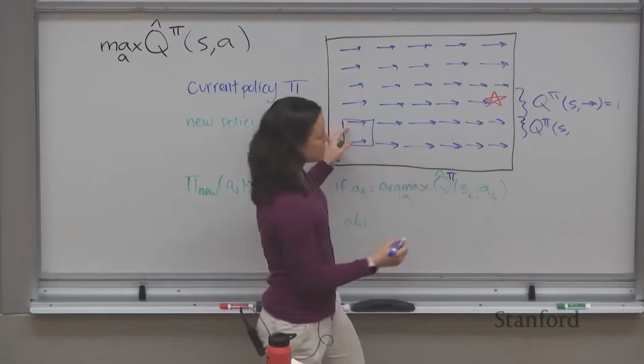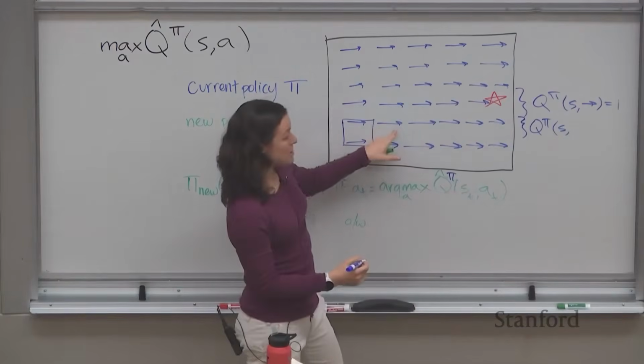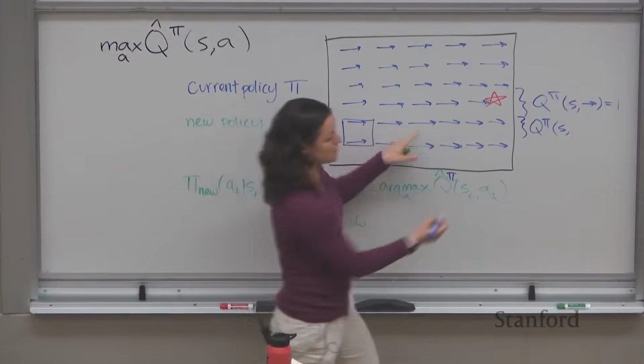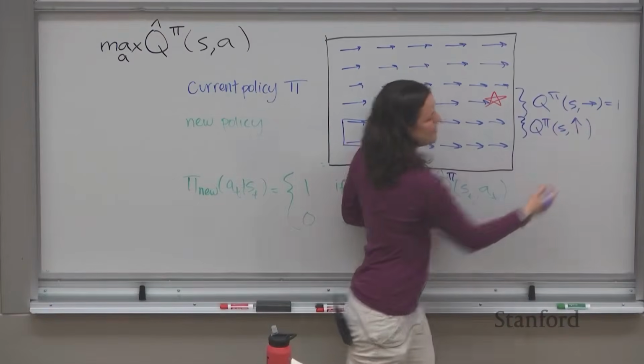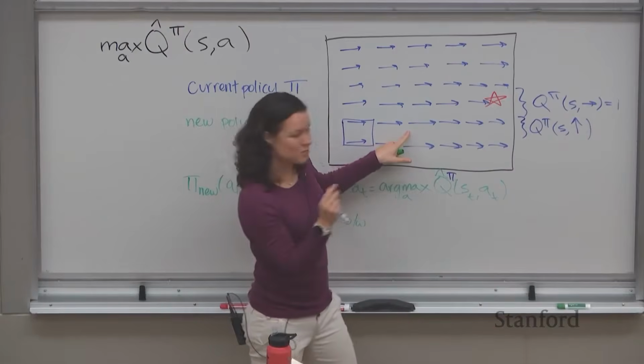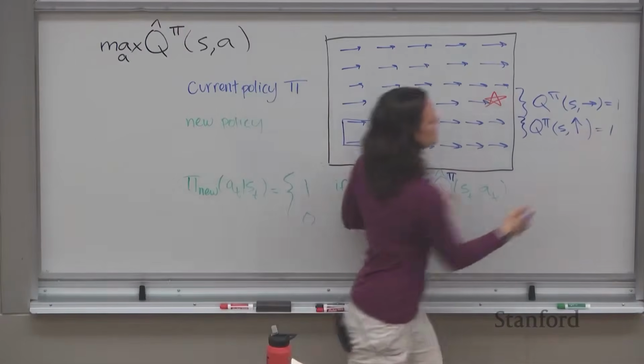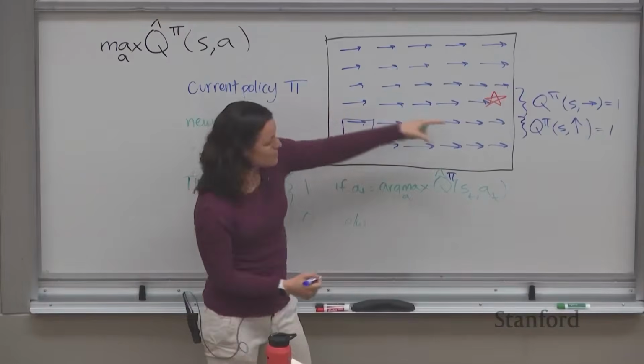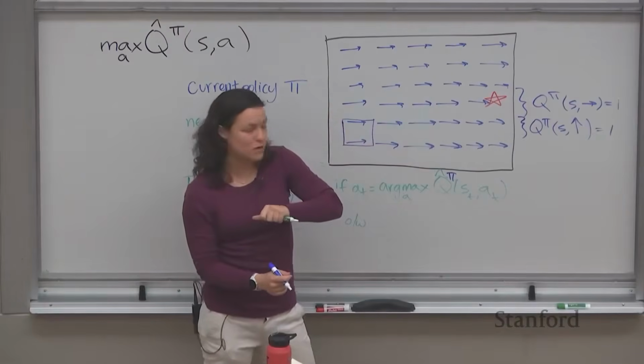But then if you look at the q pi for all the states here for the action of going up, what is the q value for that? What is q pi? 1. Cool. And that's because if we go up and then follow the policy, we'll have a reward of 1.